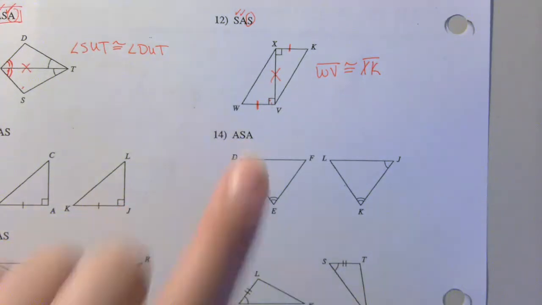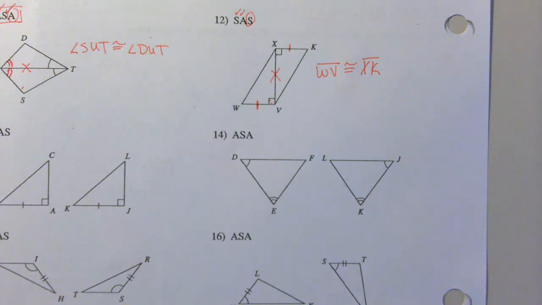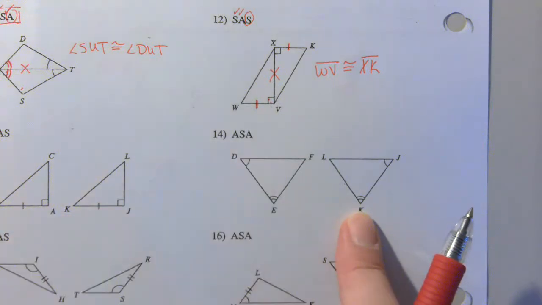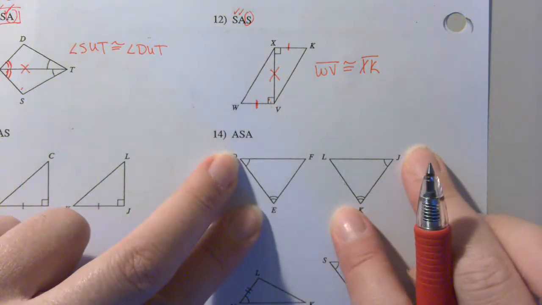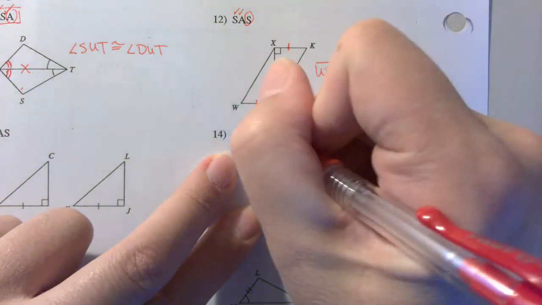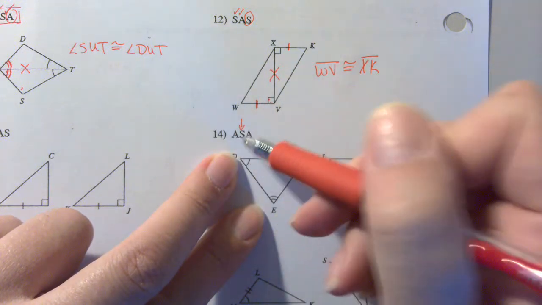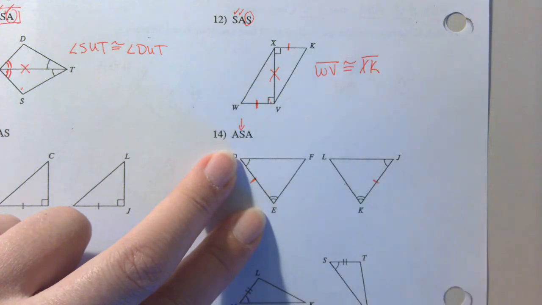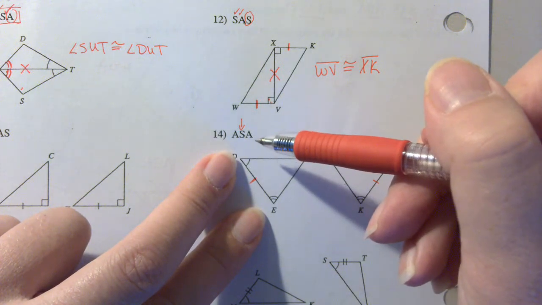If I want to prove this as angle, side, angle, you're right, I can't just come in and say this is congruent. But they're saying, make this statement true. Make these congruent by angle, side, angle. Well, I have two angles. If I want this, I need one side. And so to make angle, side, angle work in this picture, it has to be this side congruent to this side. So you're basically making this congruent statement work, not making it up.